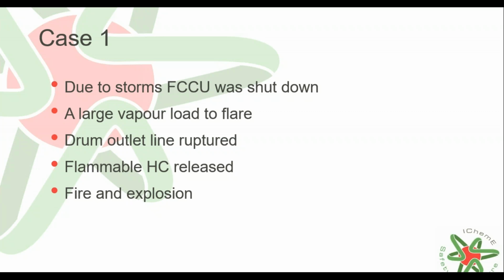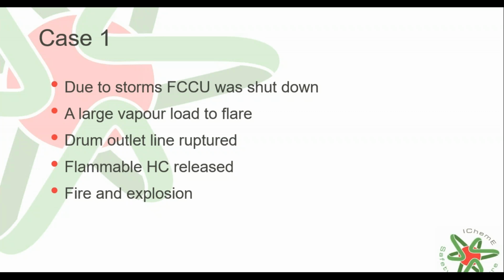The crude distillation unit was shut down as a result of a fire which had been started by a lightning strike. A process upset in the FCCU's gas recovery section ultimately led to a high liquid level in the flare drum and several shutdowns of the wet gas compressor, together with other process anomalies.